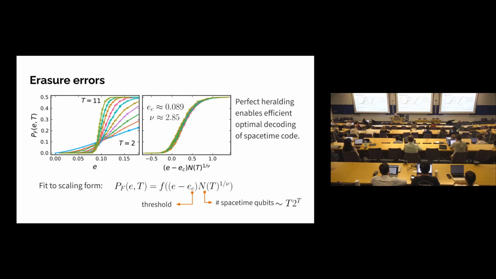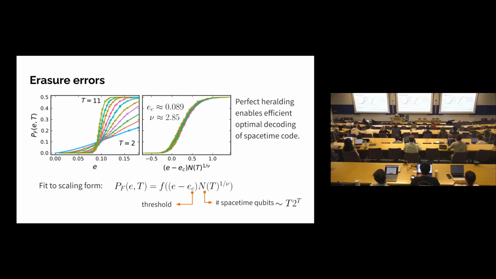Because I like statistical mechanics, I want to fit everything to a scaling collapse. So here I did just a one parameter scaling form, and for this particular noise threshold, you can then see that the transition gets broadened at finite system size by this exponent nu, which is approximately 2.85.